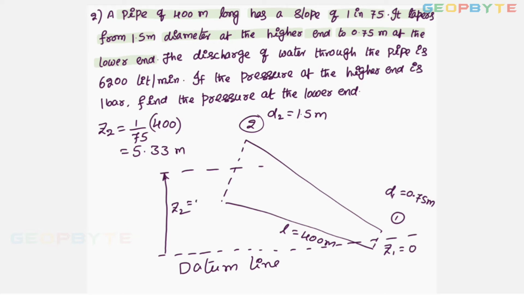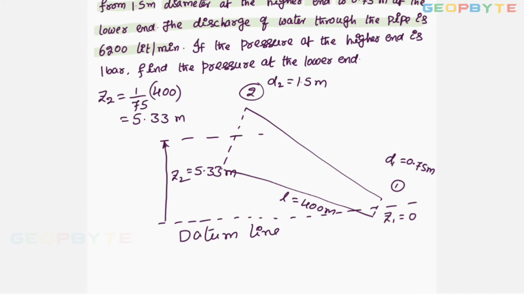So this is the 5.33 meters. Now the discharge of the water through the pipe is 6,000 liters per minute. Discharge Q equal to 6,000 liters per minute.